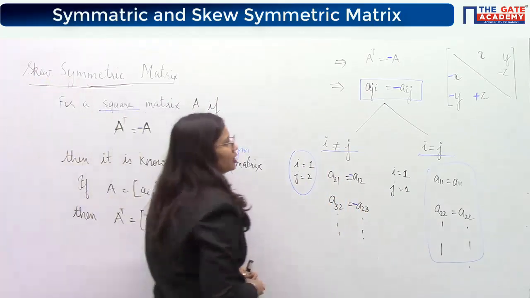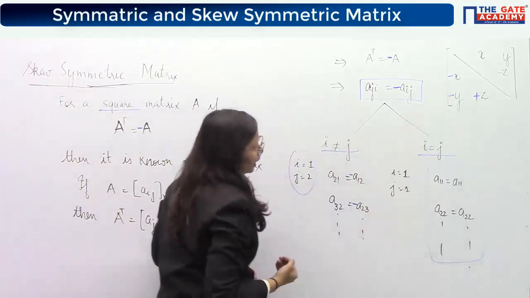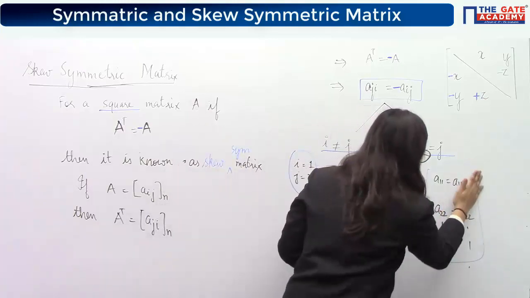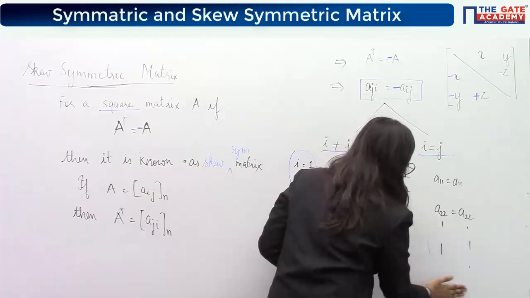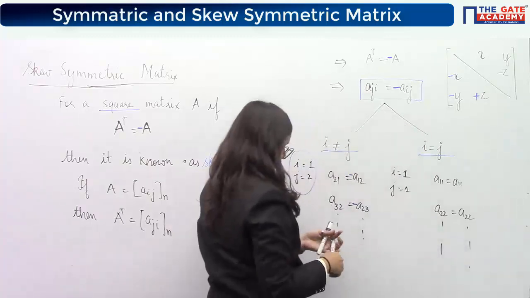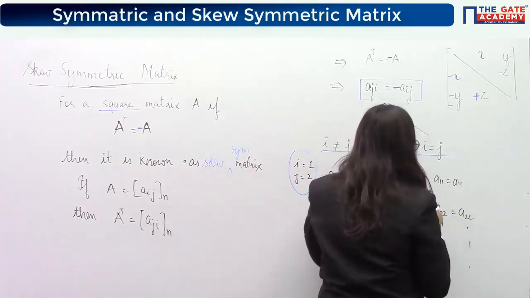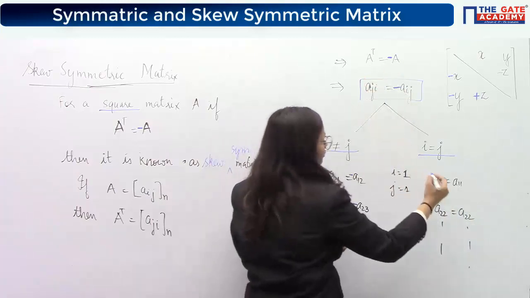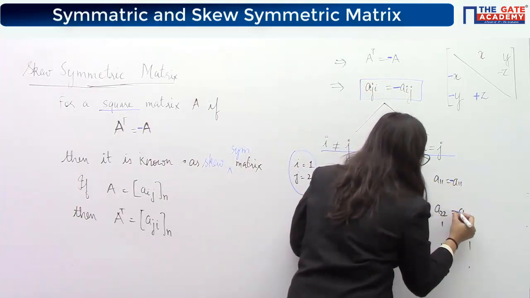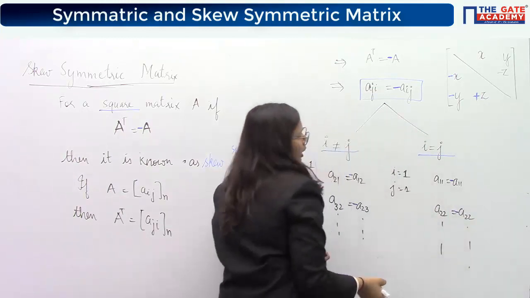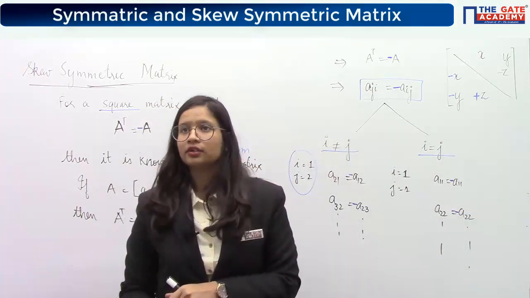Now tell me about this. What will happen with the diagonal elements? For the diagonal elements, this statement will give you A11 equal to minus A11, A22 equal to minus A22, and so on.